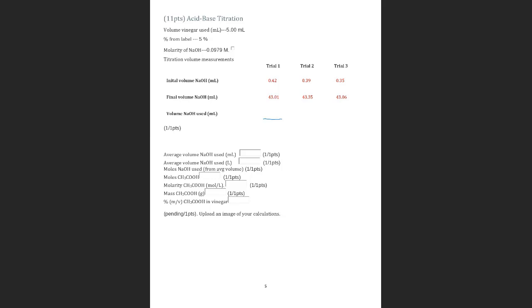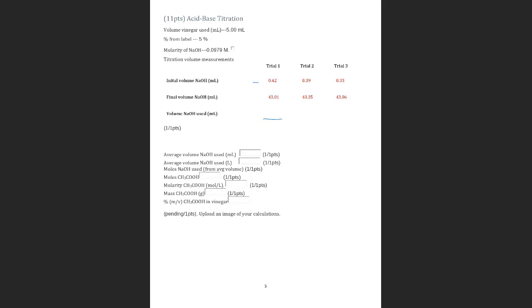You have the initial volume. Basically, when you fill the burette with sodium hydroxide, they ask you not to try to do it exactly at 0, so that if there is an error, it is compensated with the two readings.